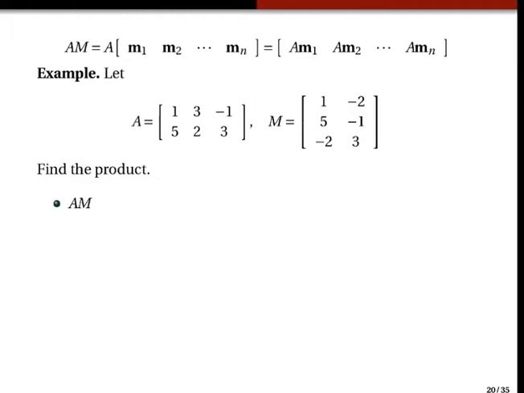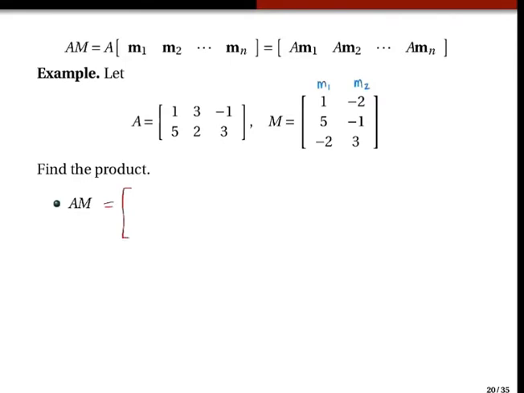So this is your small m1, and then this is your small m2. Okay? So what is your AM? So AM is something like this.